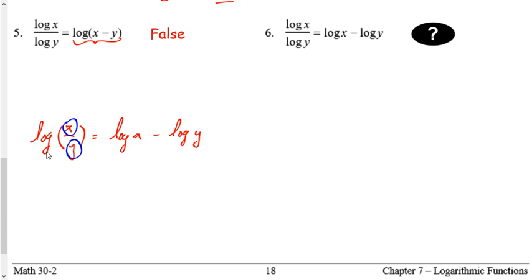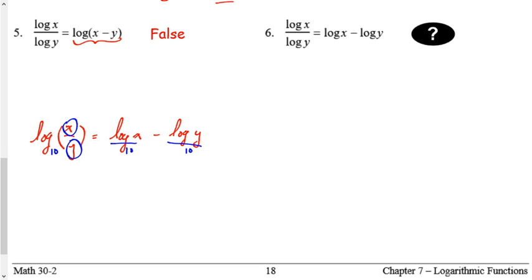So when I'm dividing powers, it is the same as subtracting the exponents as long as the bases are the same. And we can see from these logarithms, they're both base 10 logarithms. And over here, this was also a base 10 logarithm. So we're imagining this x to be a power base 10, and we're imagining this y to be a power base 10. So since we're dividing powers base 10, I can subtract those exponents.